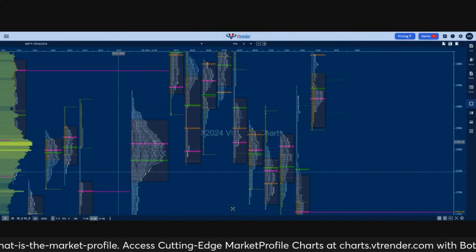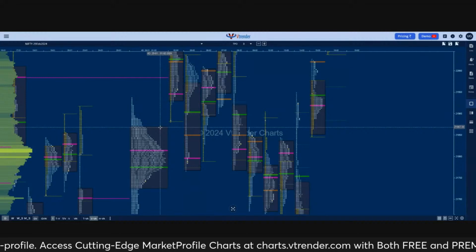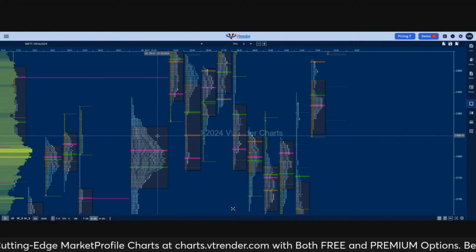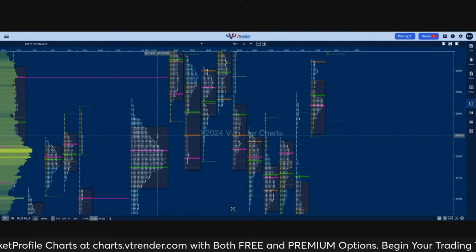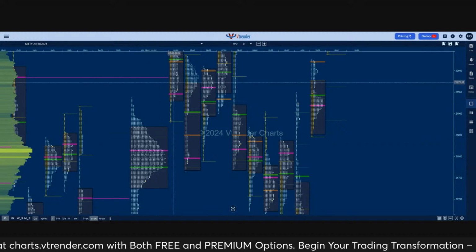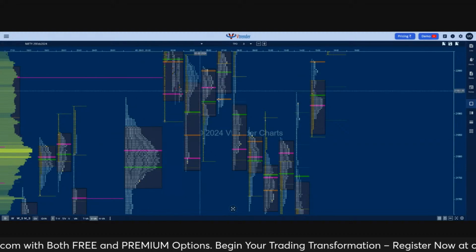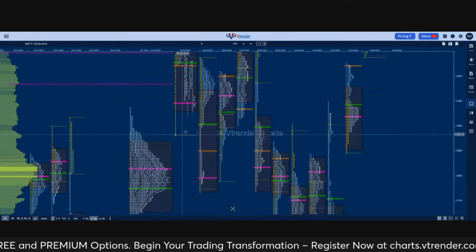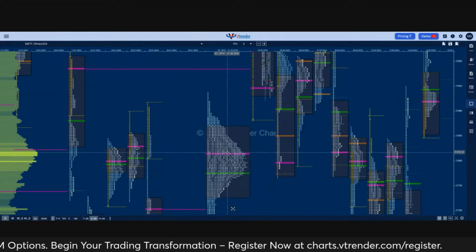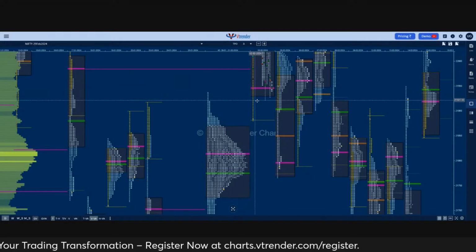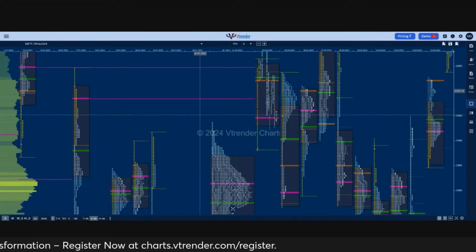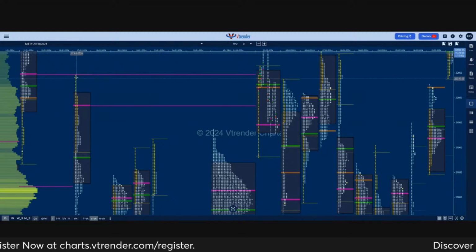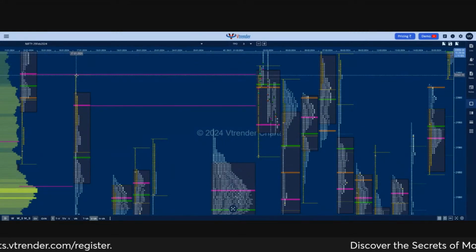So what happened on the second was we opened above this value. This was a clear indication that we are moving away from balance to a fresh imbalance, which was confirmed by the A period buying tail. So we are above previous value and we have formed a buying tail. So we were trending higher. We even went above the 17th January's A period singles.